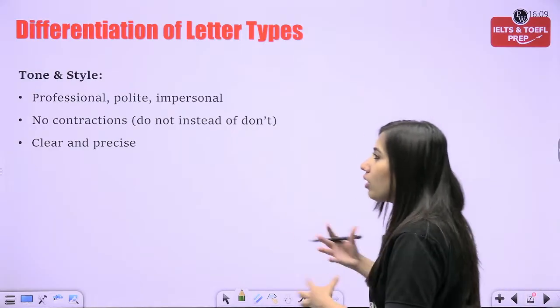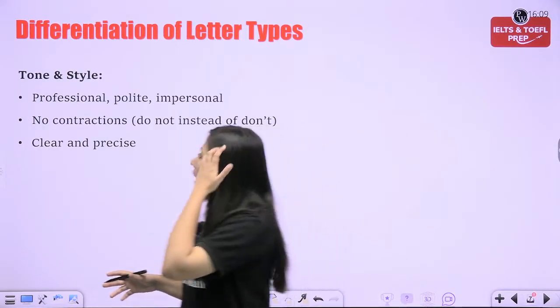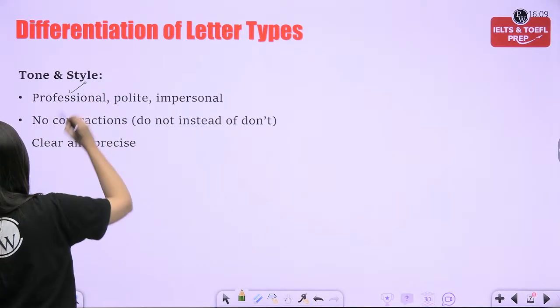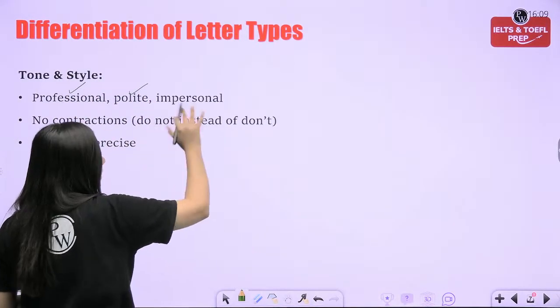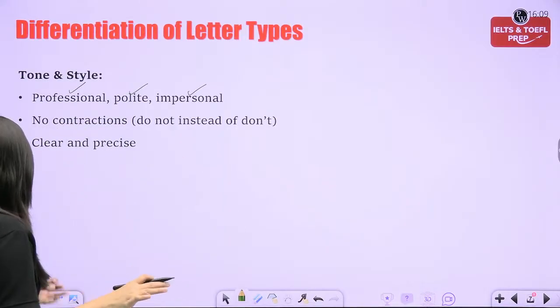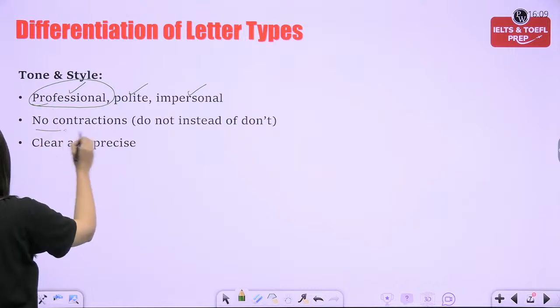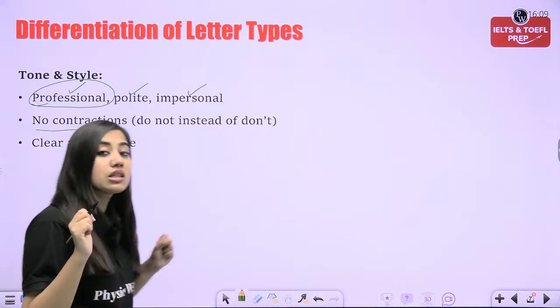Next, what kind of tone do you have to adopt while writing? You have to adopt a professional tone, you have to be polite at the same time, and you don't have to be personal, so be impersonal. You have to be thoroughly professional, you can say. No contractions are allowed since it's a formal letter.